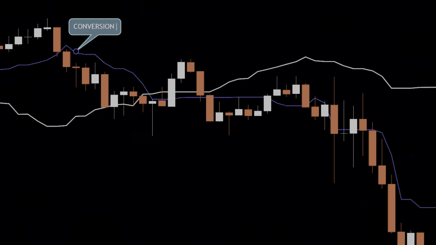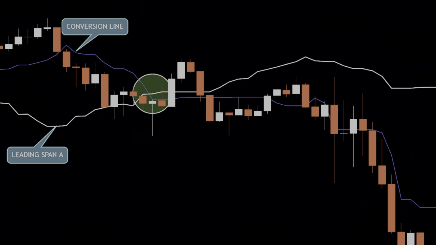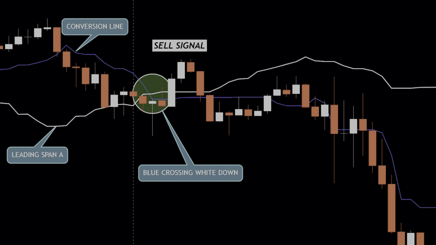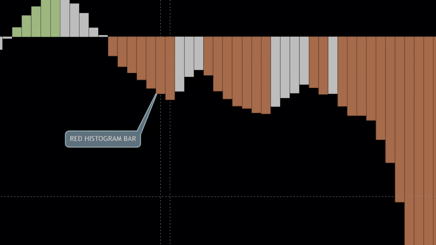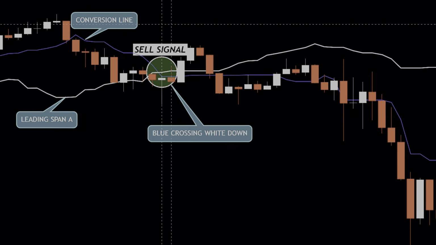Now, the blue line crosses down under white. Histogram red and below zero. Confirmed sell.